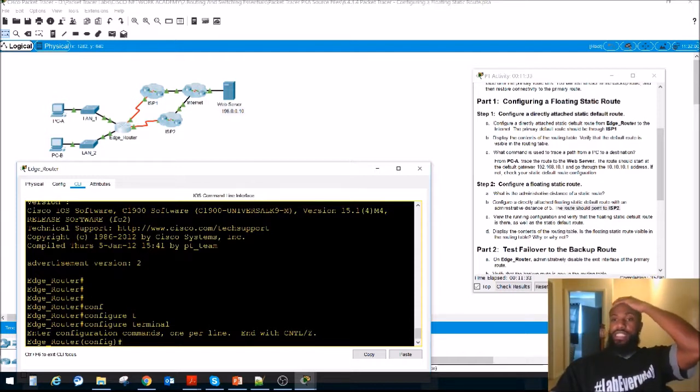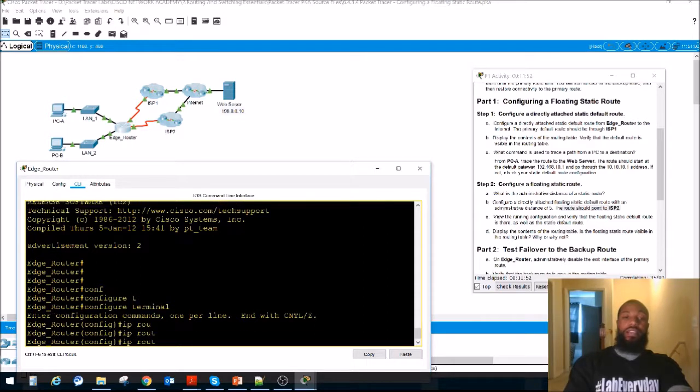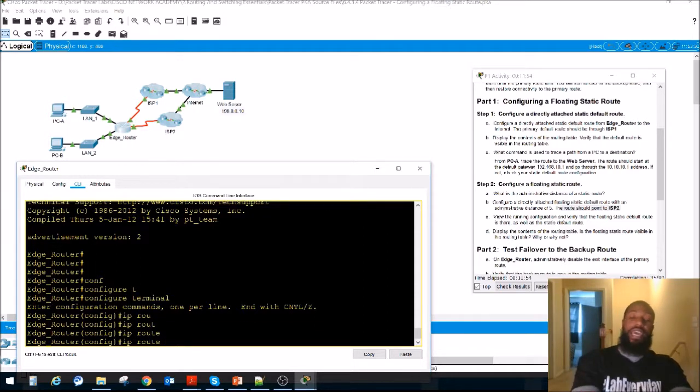They want us to point it to ISP2, and it has to be a default route pointing to ISP2, but it has to be a floating one. The floating one, basically, you're just adding the AD to the static route. So in this case, ip route, right? We know that's how to configure a static route.